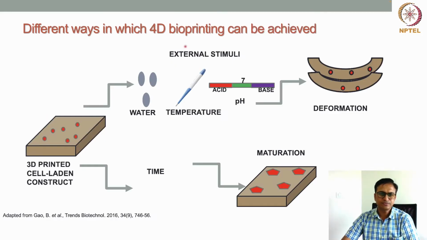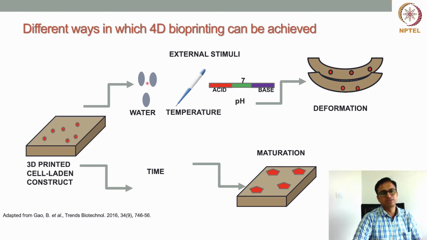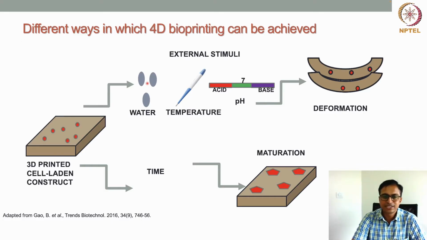Suppose this is a 3D bioprinted cell construct, and now we excite it with different external stimuli. Water can be an external stimulus here. Suppose the material has two different layers with varied swelling ratios, that is, the top layer has one particular swelling ratio and the bottom layer has a different swelling ratio.